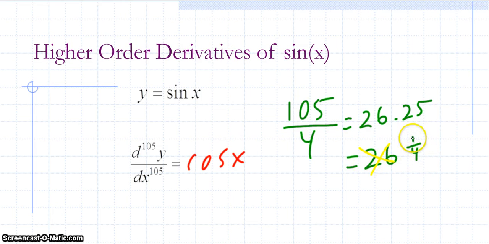So the 1 is what tells me this is the same thing as the first derivative. Had this been, say, 26.5, then I could think of this as 1/2 or 2/4, so it would be the same thing as the second derivative. If you get 3/4, it would be the same thing as the third derivative. And like I said, if it divides evenly into 4, then it is just the original function. So this is our pattern with sine of x.